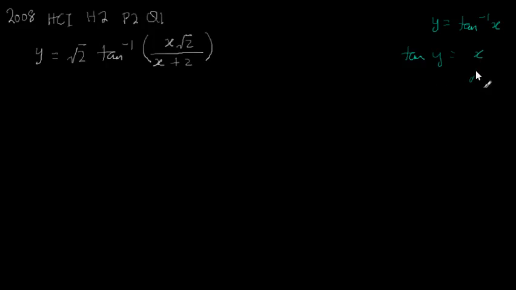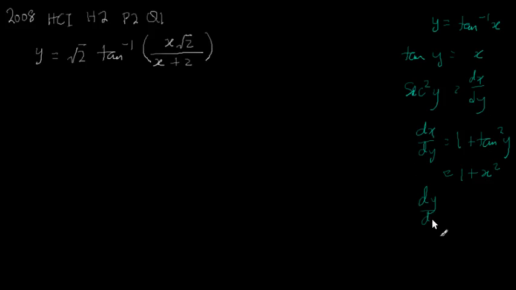If I differentiate this, dx dy, I get secant squared y, which is 1 plus tangent squared y. Tangent y is just x, so this is 1 plus x squared. So then inverting that gives dy dx, which is 1 over 1 plus x squared.